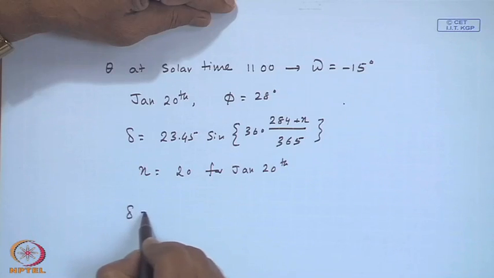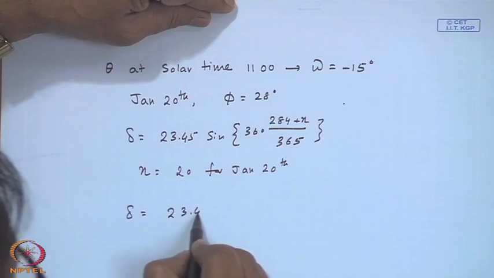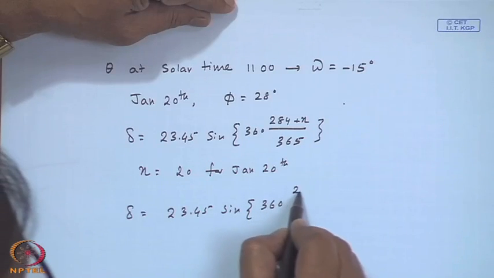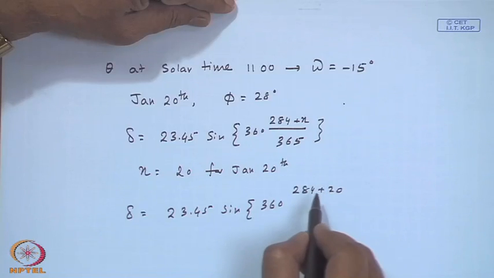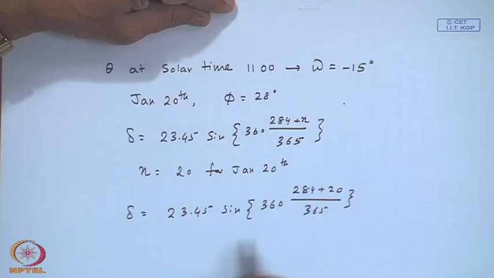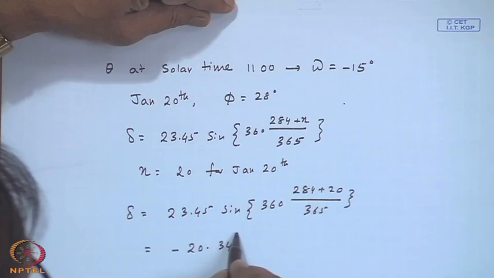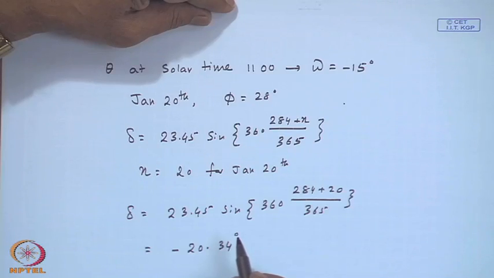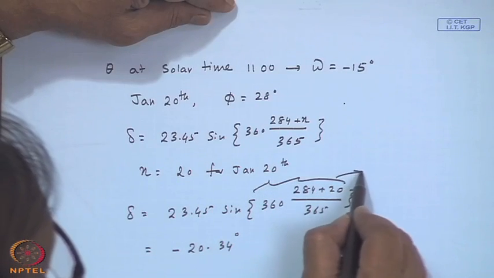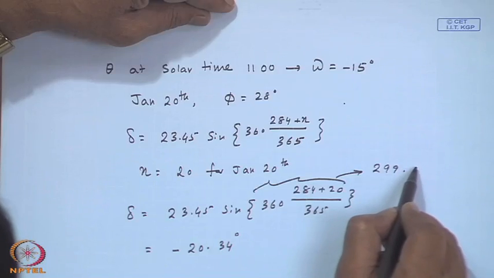So, delta will be 23.45 sin[360 × (284 + 20)/365]. This is equal to minus 20.34 degrees. If you calculate the sine of this number, the argument will be 299.83.